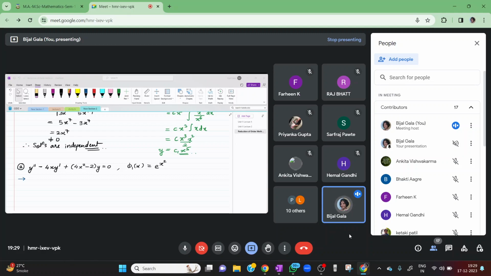Could you verify that phi 1 is a solution? Yes, ma'am. Okay, good. Calculation of phi 2. Calculate phi 2.